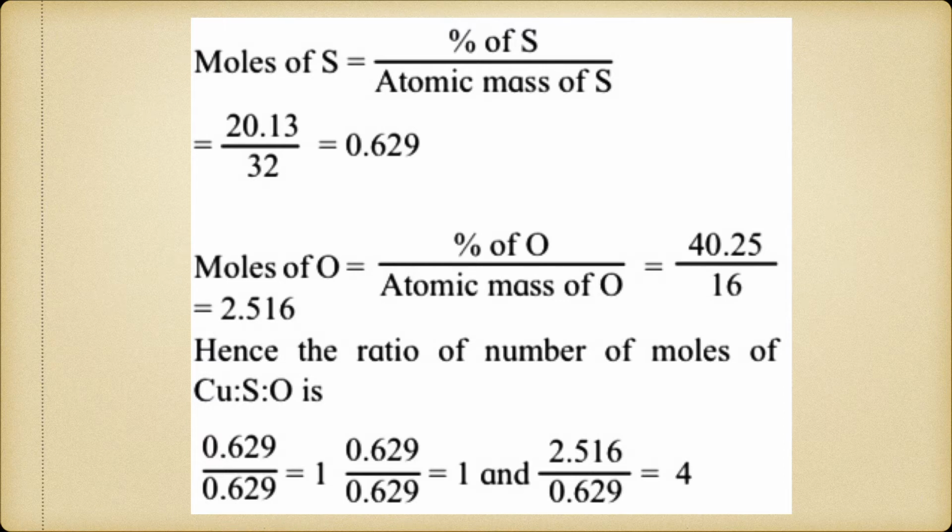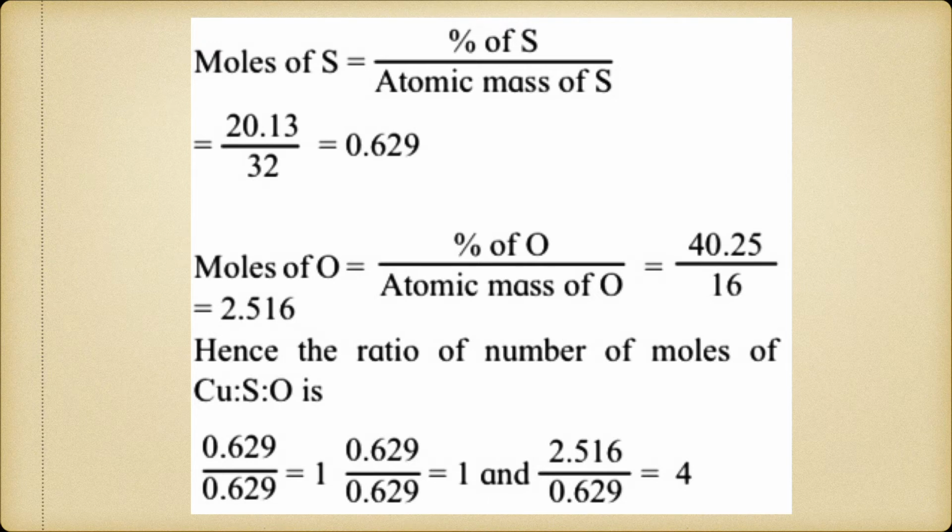So it is written, hence the ratio of number of moles of Cu to sulfur to oxygen is: for copper, 0.629 divided by 0.629 equals 1, and for sulfur, 0.629 upon 0.629 equals 1 again, and for oxygen it is 2.516 upon 0.629, that is equal to 4.